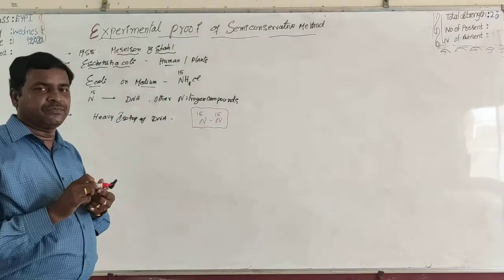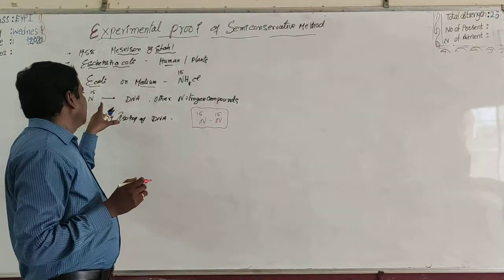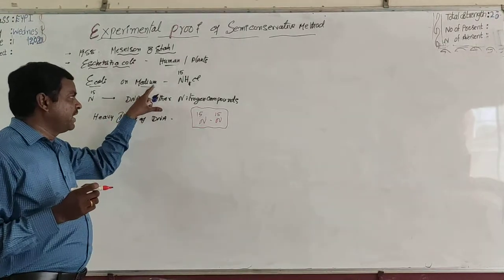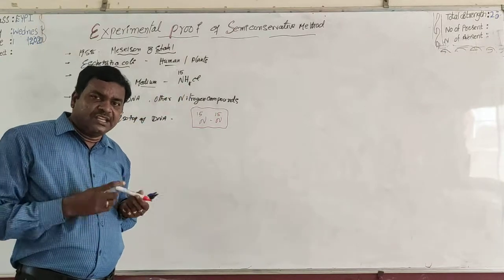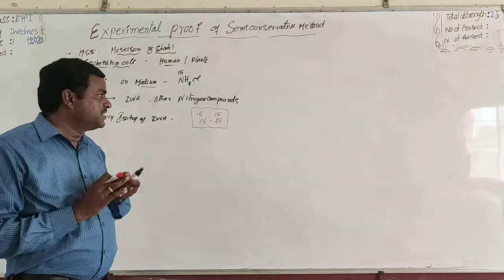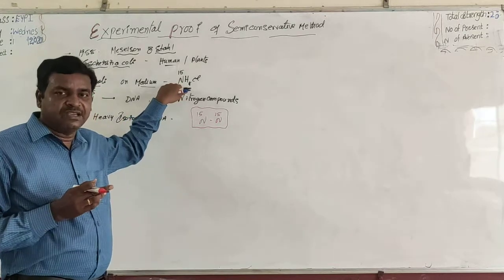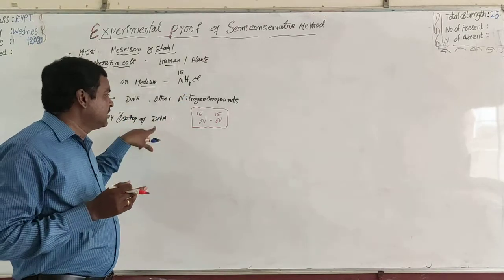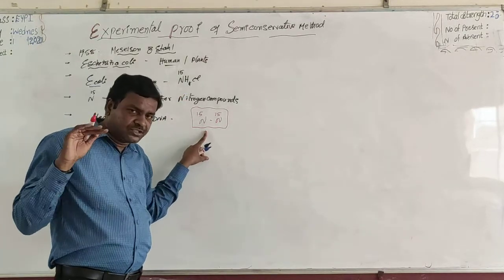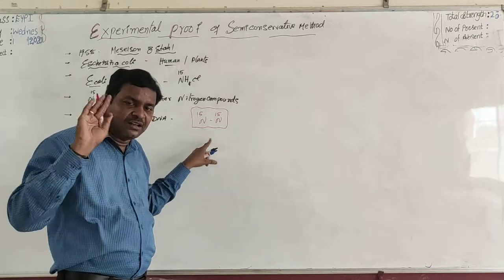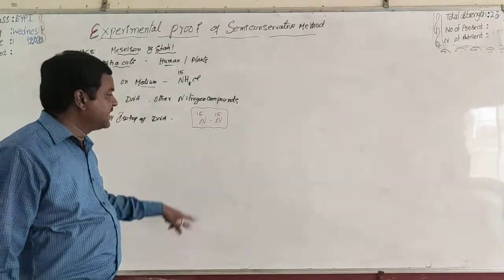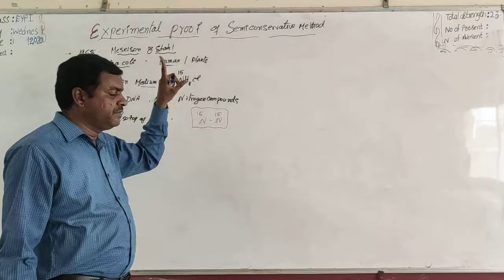When this bacterium continues to divide in this type of medium, the replication of DNA produces new strands by using N15, heavy nitrogen. So the two strands of the DNA molecules present in these bacterial cells contain the heavy isotope of DNA, consisting of an N15 strand and an N15 strand.